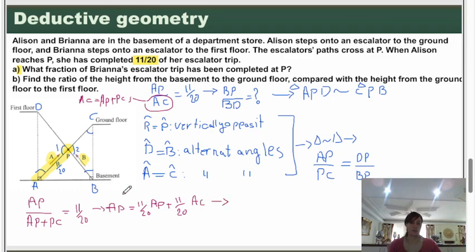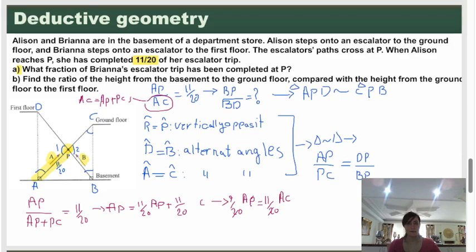If I bring this AP to the left side and do subtraction, I will find 9 AP equals 11 PC.